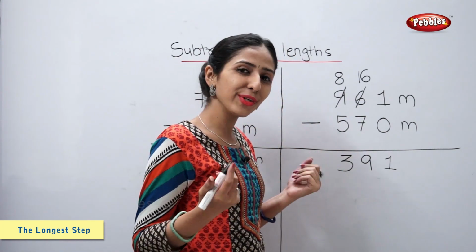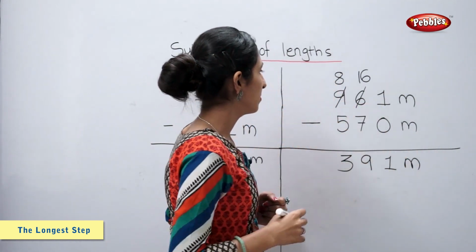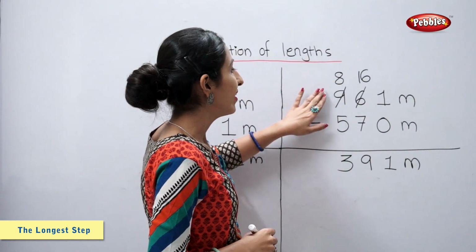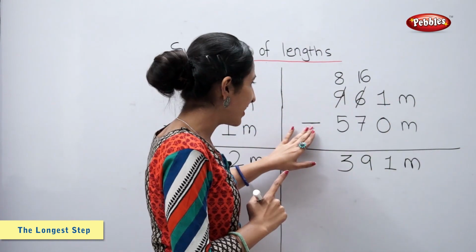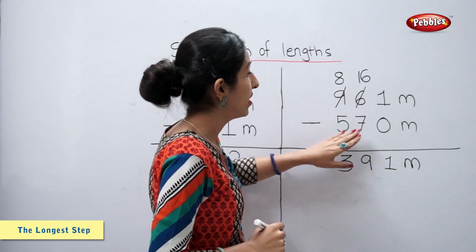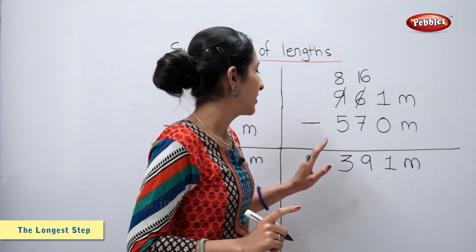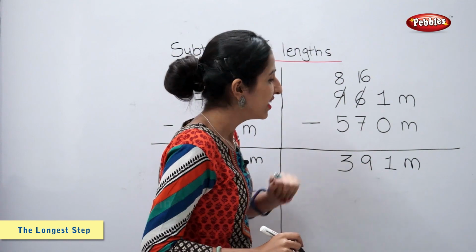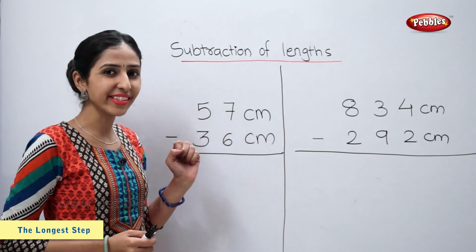Let's write the unit. So, 961 meters minus 570 meters is equal to 391 meters.